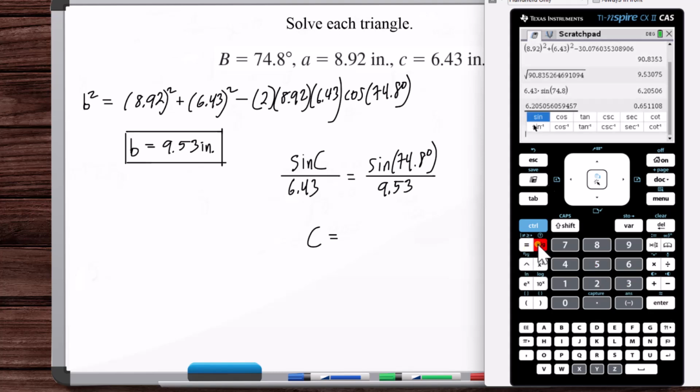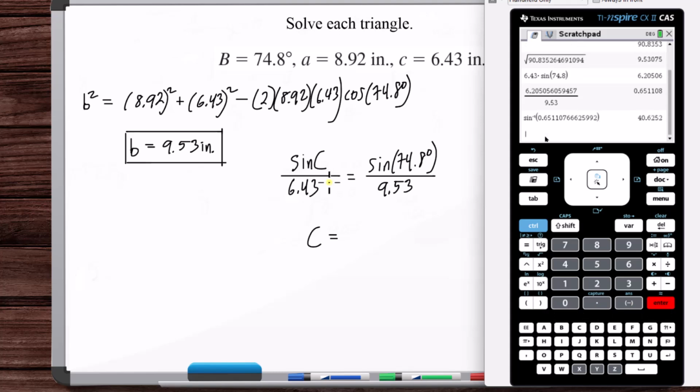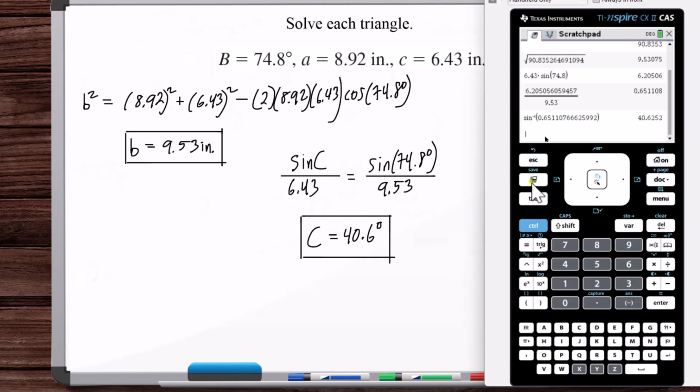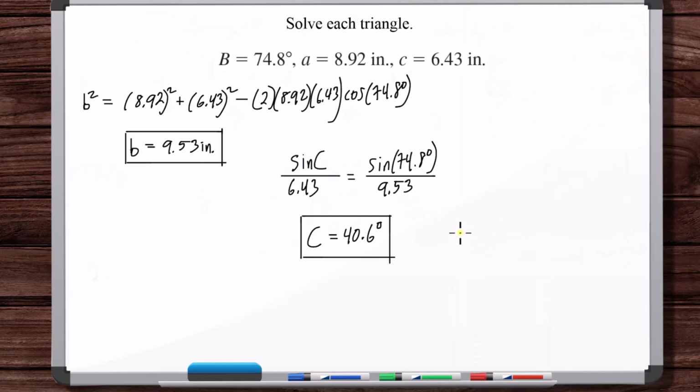There's sine of C, inverse sine. So 40.6 degrees. Okay, now, so this plus 74.8 and then 180 minus that, 64.6 degrees. So that's A is 64.6 degrees.